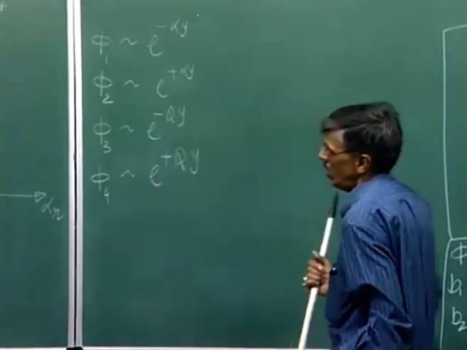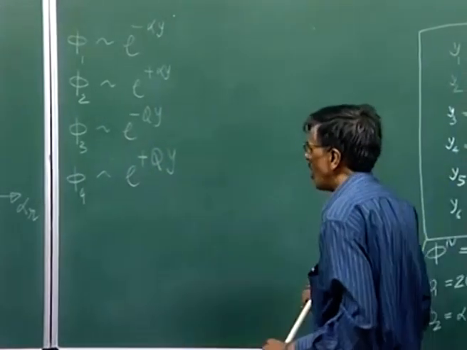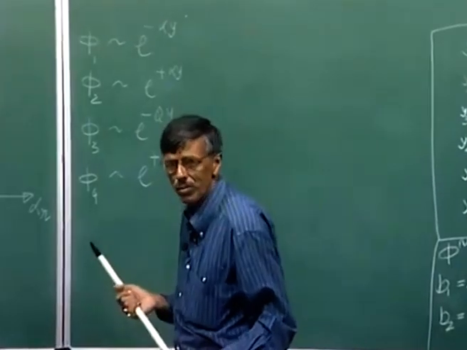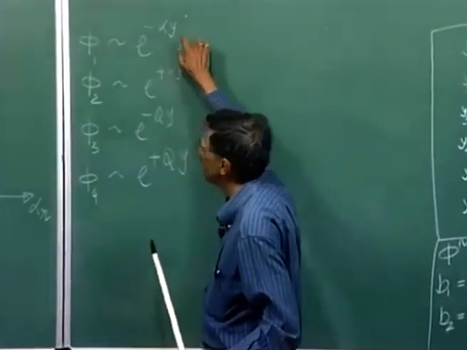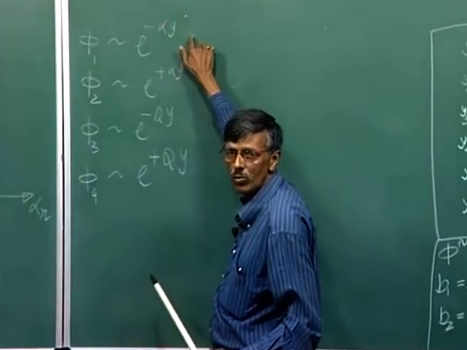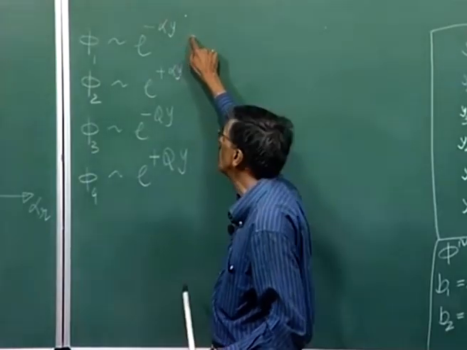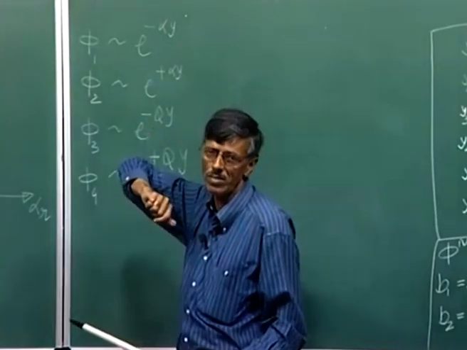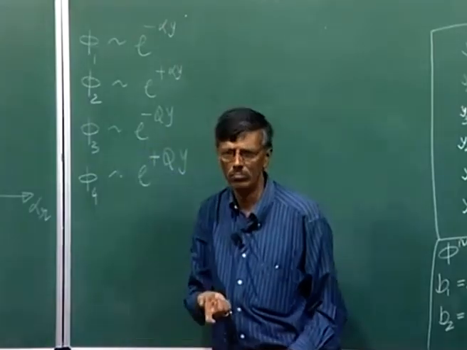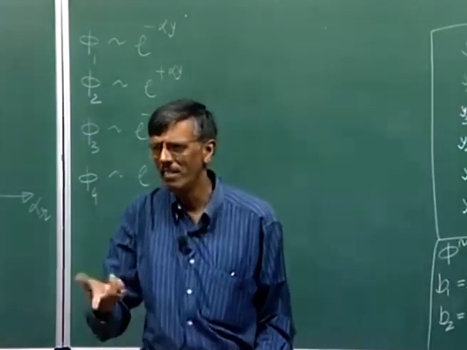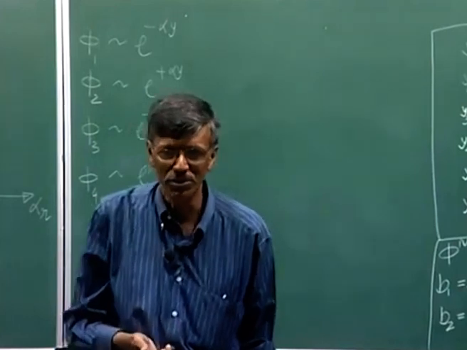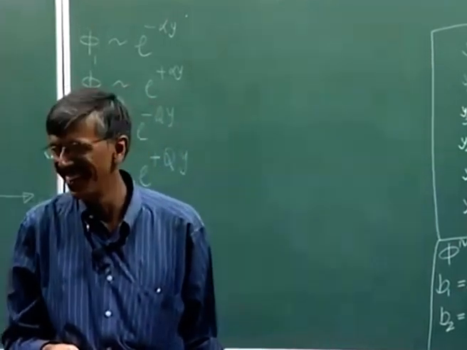Now, so far we have been talking about when the real part of alpha was positive, that made us choose phi 1 for the wall mode. But suppose the real part of alpha is negative, then what do I have to do? Nothing. I just choose phi 2 instead of phi 1, right.